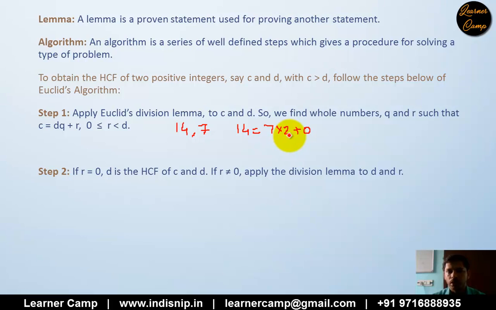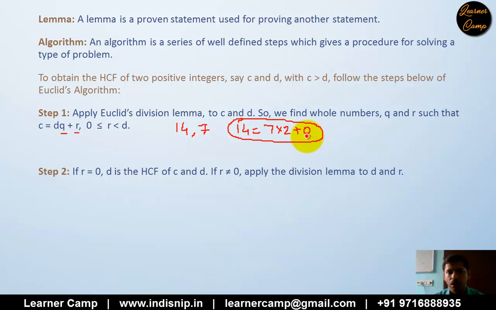So 2 is q in this case and r is equal to 0. We have used Euclid's division lemma to write these two integers 14 and 7 in this form.